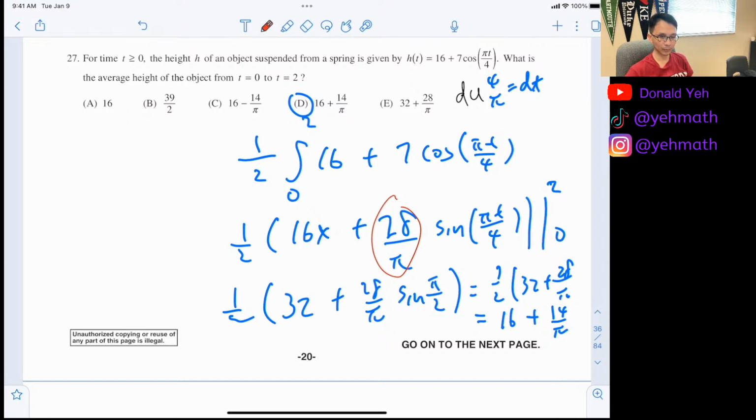I multiplied 7 by 4 over pi. Yeah, I didn't change the boundary back. I did use substitution, I just did it in terms of t now. I should have been consistent, but I was too lazy to change that.